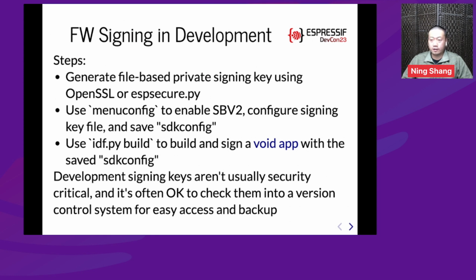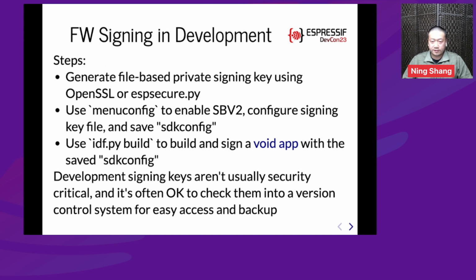We will configure the signing key file in menuconfig, and also save the SDK config file for later use. Now we can use the idf.py build command to build and sign an application with the saved SDK config. So we'll be signing a Void app. I'm going to talk about the Void app in the following slide.